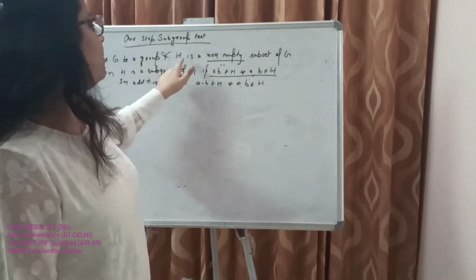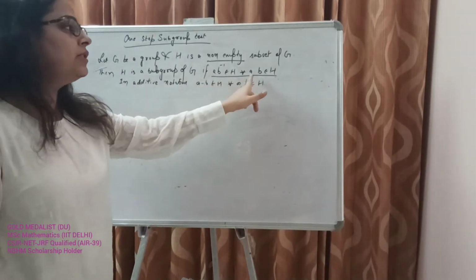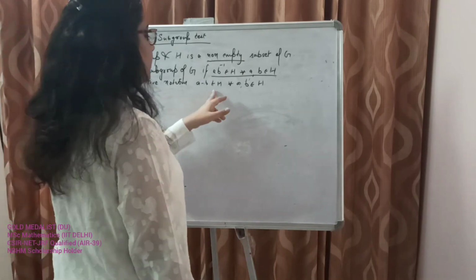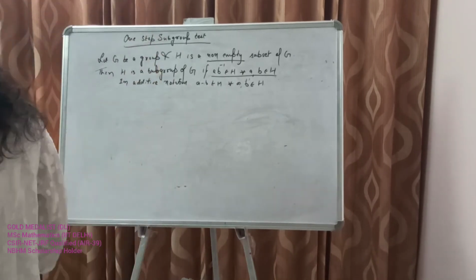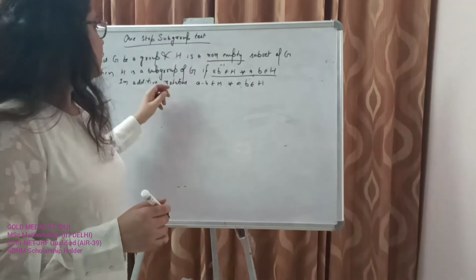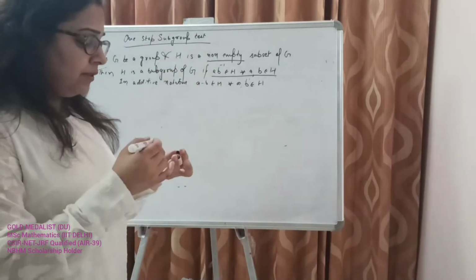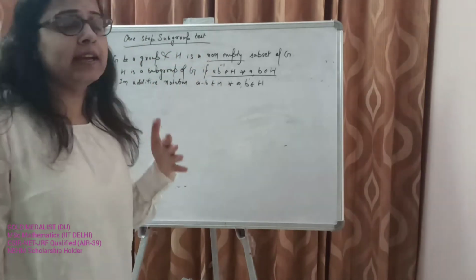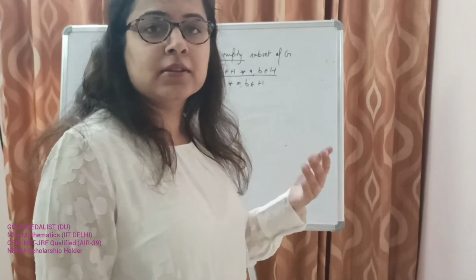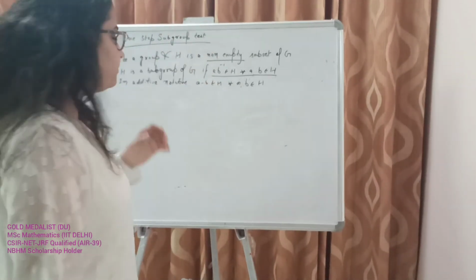So H is a subgroup of G if ab inverse belongs to H for every a, b in H; in additive notation, a minus b belongs to H. Once we prove this, we will not need to prove those three axioms for every subset; we will just need to prove this condition.